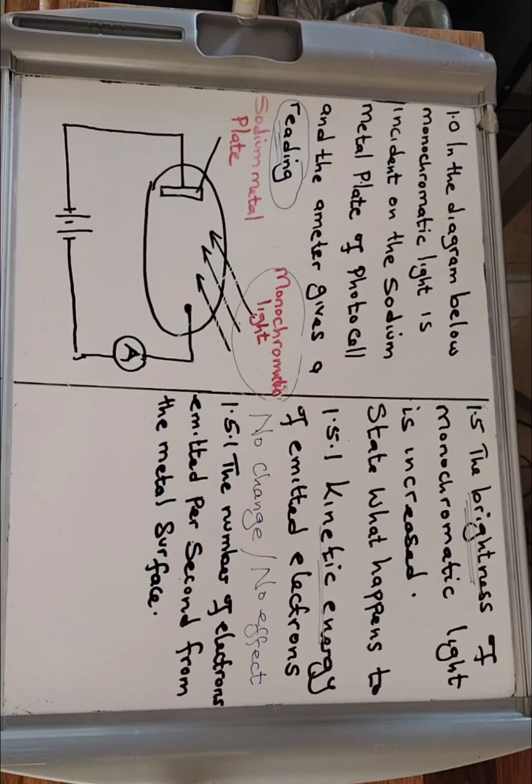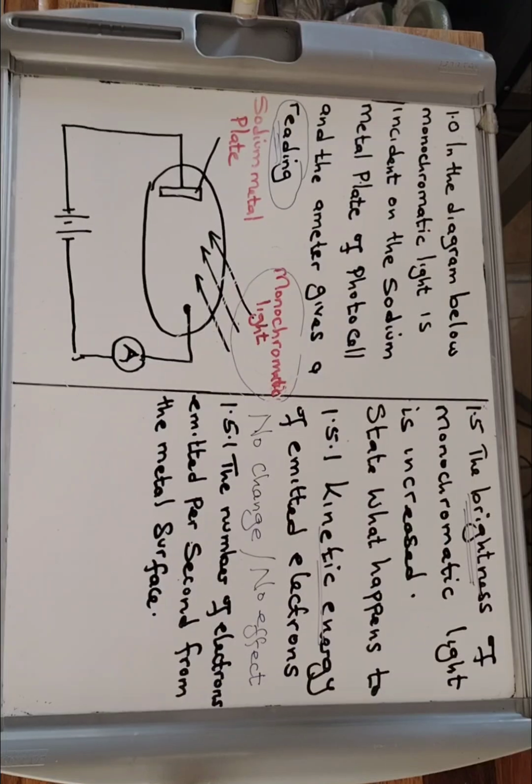Intensity of radiation means the number of photons striking the surface per unit time. And that determines the number of electrons emitted from the surface per unit time. So the answer is going to be increase, because you are increasing the number of photons striking the metal surface per unit time. So you end up increasing the number of electrons emitted from the metal surface per unit time. So that's the answer, increase.